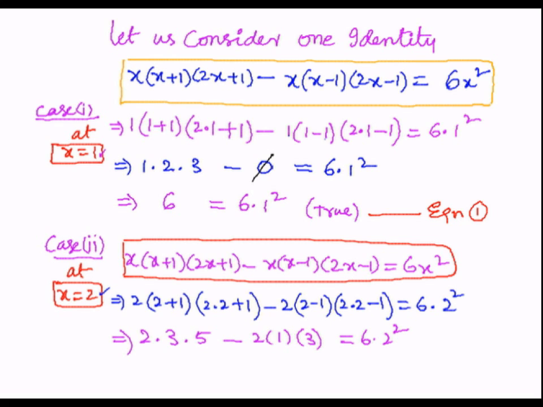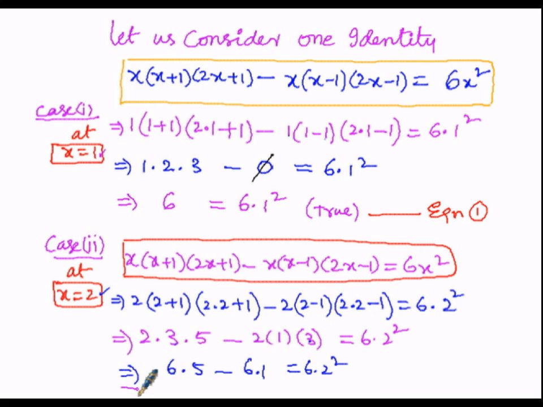So that implies 2 3's is 6, 6 5's is 30, or else 2 3's is 6 into 5 minus 2 into 1 is 2, 2 into 3 is 6 into 1, equals 6 into 2 square.